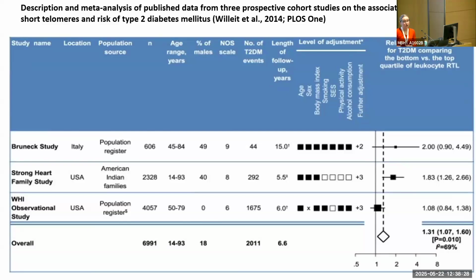And there's quite good predictive data from the adult literature on the role of telomere length to predict metabolic disease. So this is a meta-analysis looking at telomere length and risk of type 2 diabetes in adults. 3 prospective large studies finding that it was quite predictive of diabetes onset.